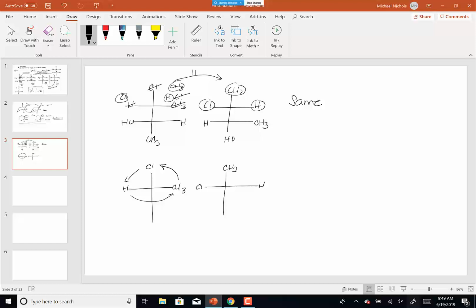So I do a rotation, which is basically a vertical Newman projection. Then the methyl group goes here, the chlorine goes here, and the hydrogen goes there. Did I line up the molecules so that they're the same? Yes. So by rotation, I'm showing that the top carbons are the same.